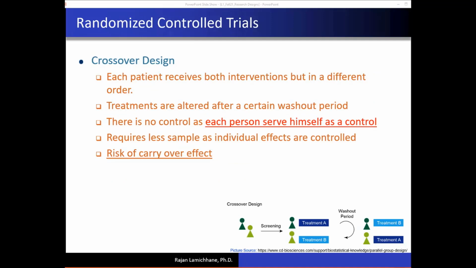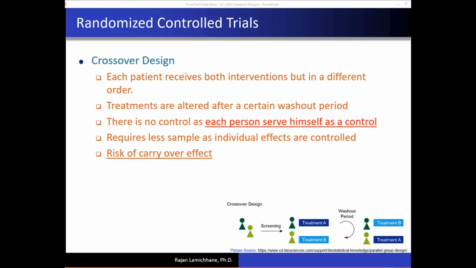In both parallel and matched pair parallel design, we still have some individual level effect. Each individual has a different response to the drug, and their genetic as well as environmental factors are also different for each individual. So we still have some individual level effect. In order to reduce the individual level effect, we can use crossover design.